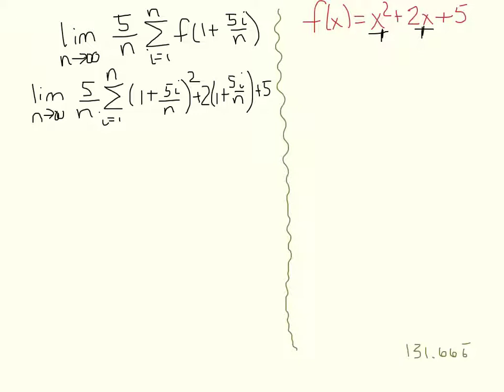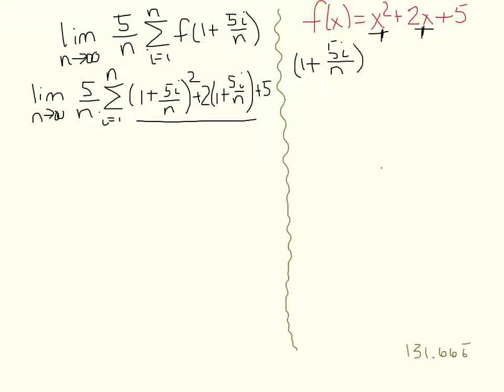That particular term is pretty crazy right now, this over here. So what I want to do is actually take, and over here in my little scratch space on the right, I'm going to expand that for you. So the first piece I'm going to expand is the 1 plus 5i over n squared.